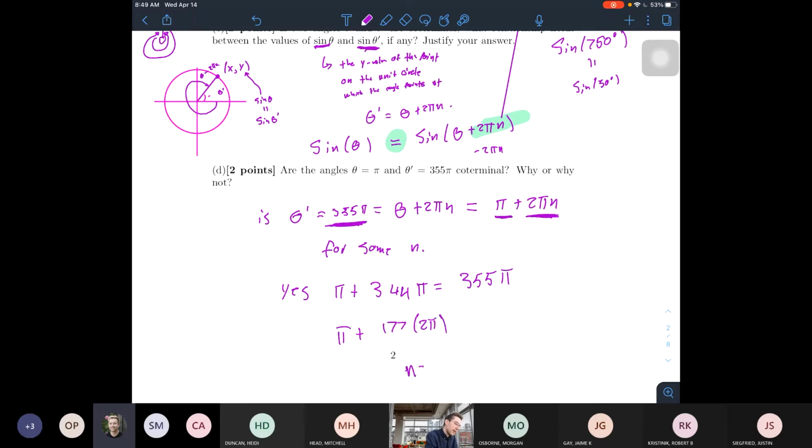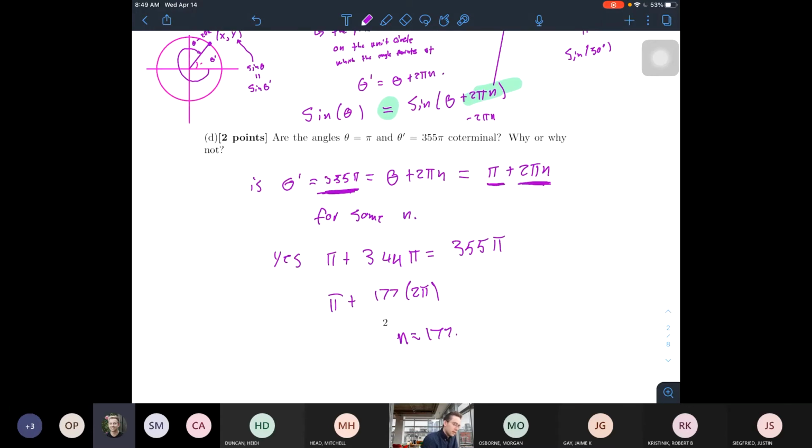So in this case, n is equal to 177. So if we start facing directly to the left, and then we do 177 full revolutions, then we'll wind up facing to the left again. This is how this works.